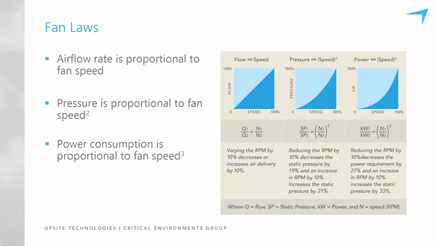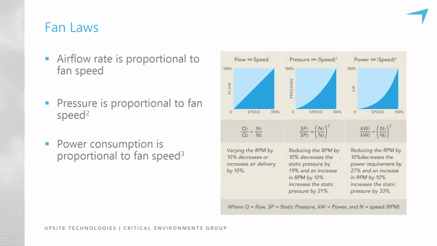So you see here in these images of the fan affinity laws that airflow rate, the volumetric flow rate of conditioned air through a fan, is proportional to the fan speed. If there's a 10% reduction in the RPM, the fan speed, there's a 10% reduction in the flow rate of conditioned air.